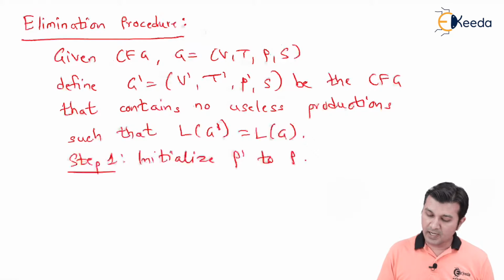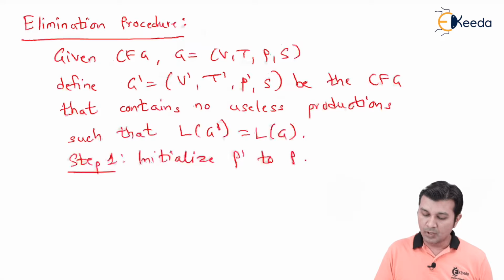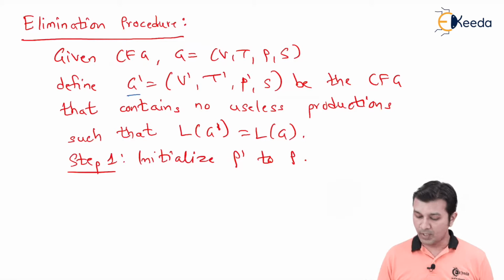So given a context-free grammar G is equal to VTPS, we are going to hypothetically, for the moment, assume or define G dash is equal to V dash T dash P dash S to be the new context-free grammar that contains no useless production such that L of G dash is equal to L of G. Now this is something which you have to write as it is in the exam. Nothing great to remember about it. Then moving on to step 1, which says assume that P dash is exactly the same as P. Therefore we say initialize P dash to P.